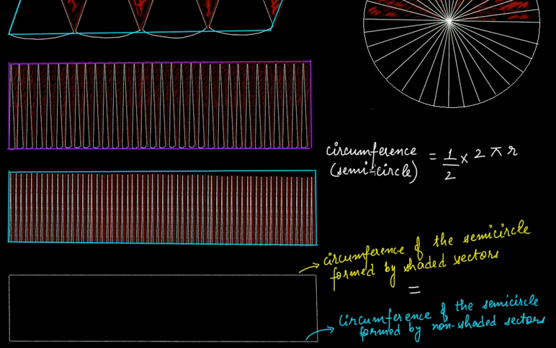Therefore, the circumference of a semicircle will be half times 2 pi r. It gives you pi r, right? So pi r is the circumference of the semicircle.